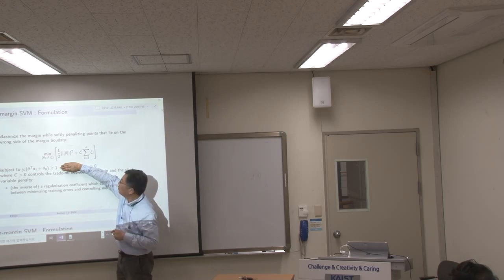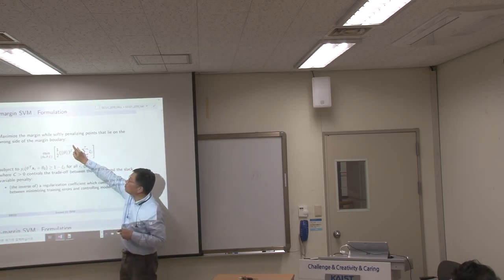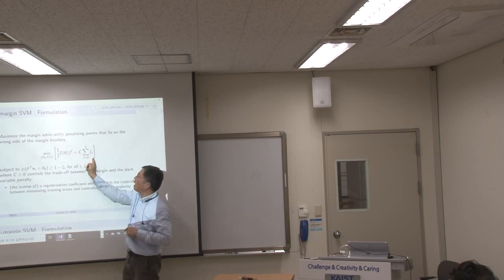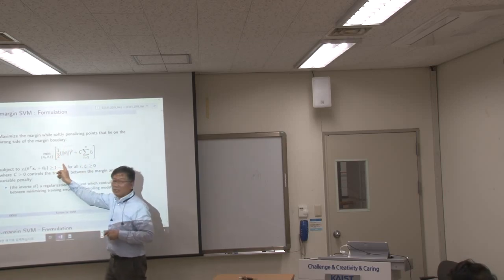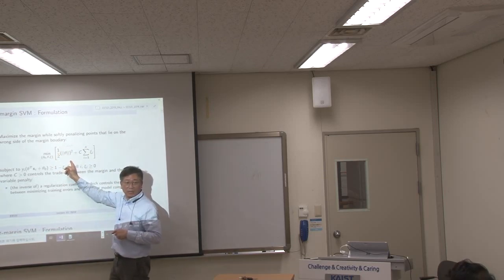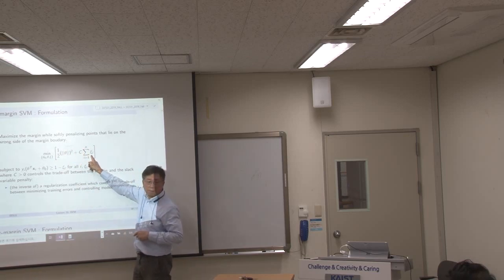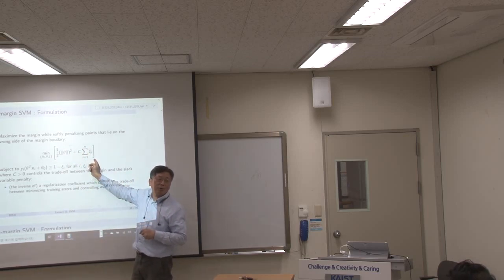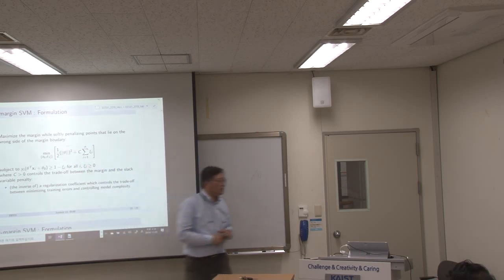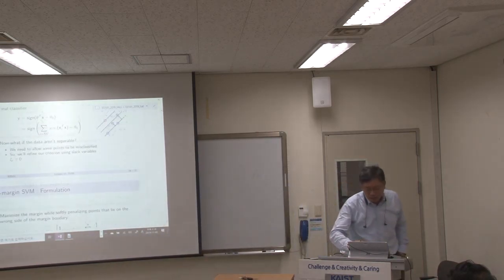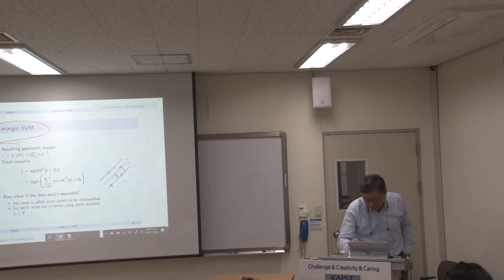But now in soft margin SVM, I want to minimize not only the margin, but also the sum of distances away from where it was. And these are called slack, by the way. Call this slack.